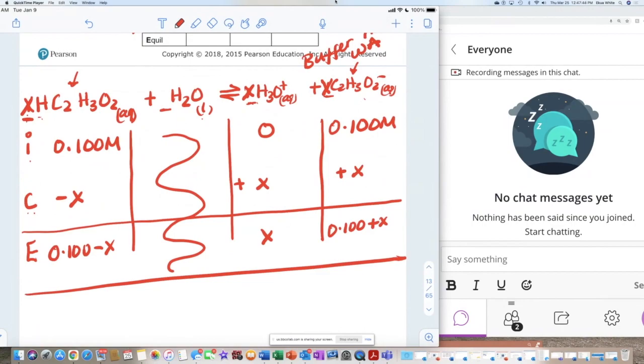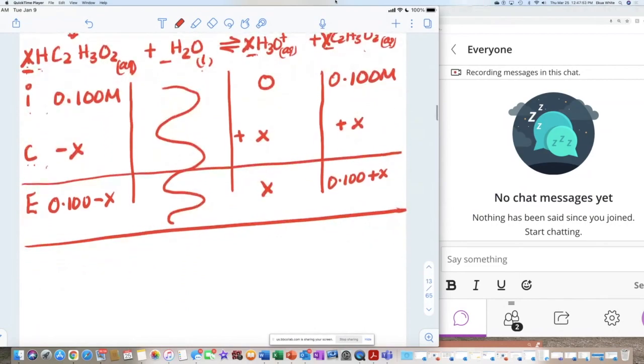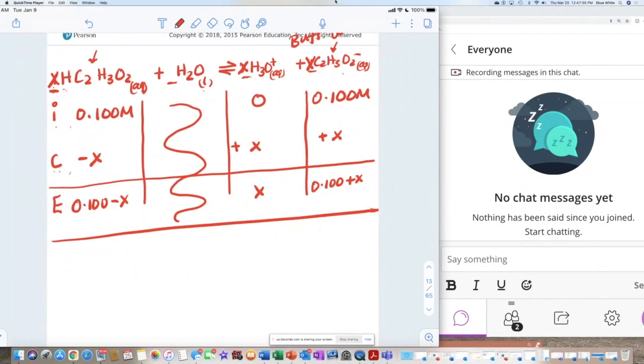Equilibrium amounts are always initial plus change. So I think I got that. Just like what we did before, we are going to try to figure out the value of x to solve for x.